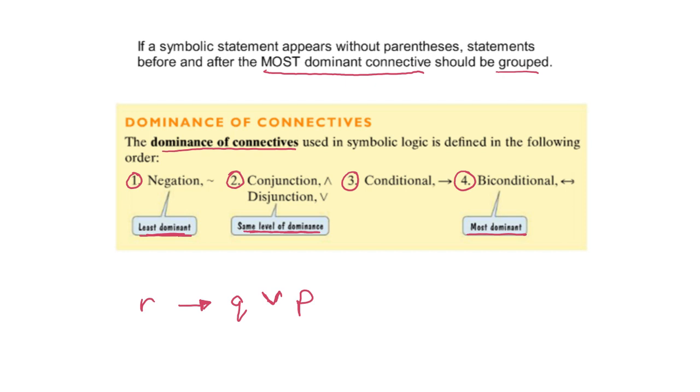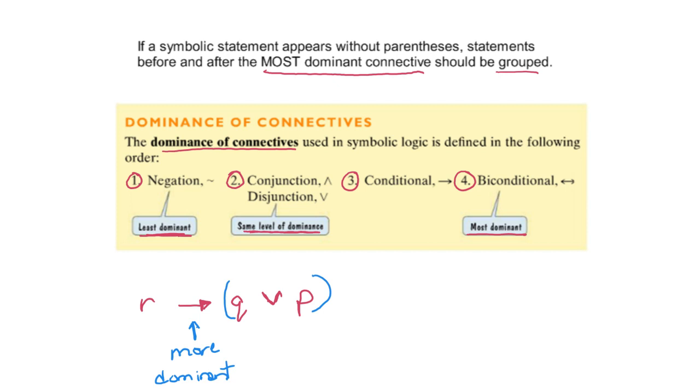The next least dominant would be conjunction and disjunction, and then the next higher dominance would be the conditional, and then the biconditional. So in this case here, since the conditional is more dominant, let me write this down. We're going to place a grouping symbol around everything else. When it says it should be grouped, well, we'll group that together like that. And this would be the answer for this one.